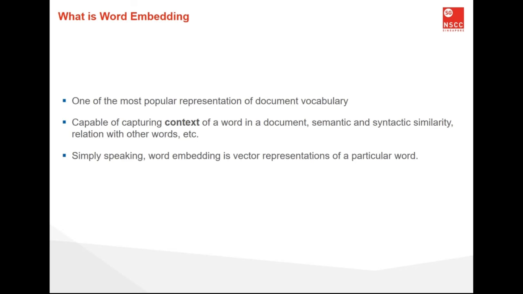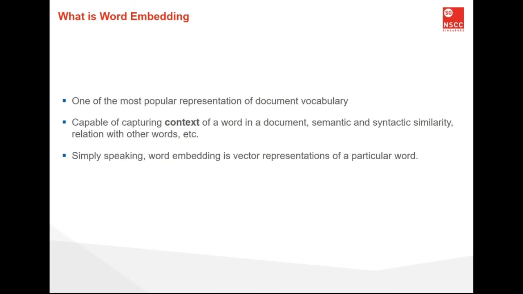Methods to generate this mapping include neural networks, dimensionality reduction on the word co-occurrence matrix, probabilistic models, explainable knowledge-based methods, and explicit representation in terms of the context in which words appear.